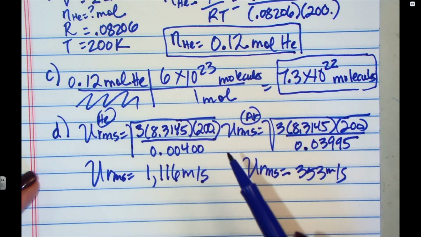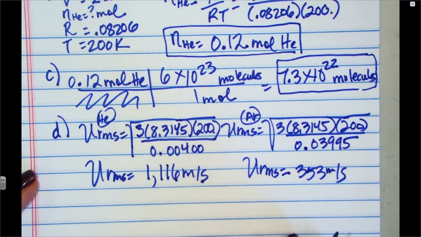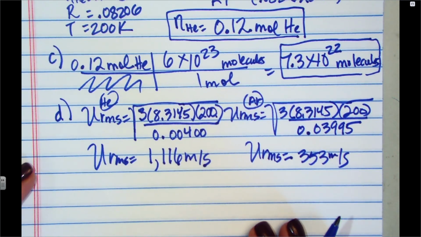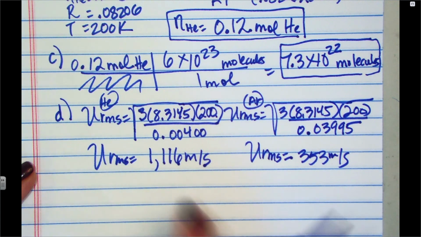You could also have used Graham's law to justify that. As far as having the greater distribution, since both gases are at the same temperature, they technically have the same average kinetic energy, but the molecules of helium have a higher average velocity.